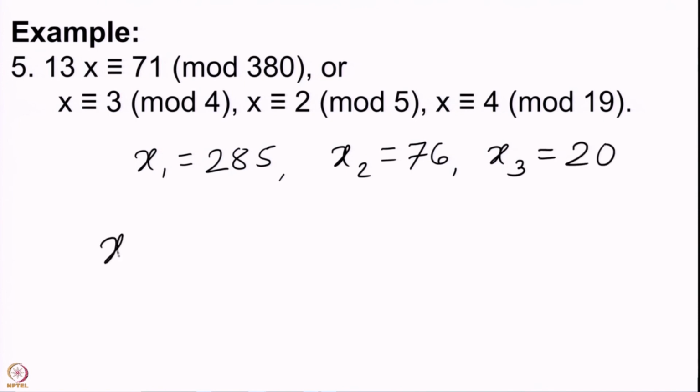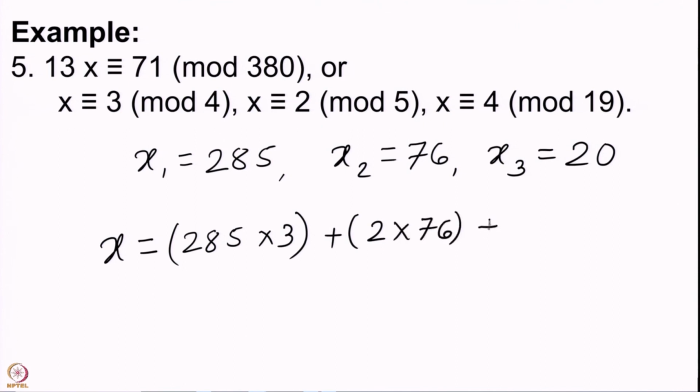And our final solution is going to be the sum of Ai xi. So, I need to multiply 285 by 3, then I need to multiply 76 by 2, and in the end I multiply 4 by 20. So, here we have 5 3s are 15 and 28 into 3 is 84.